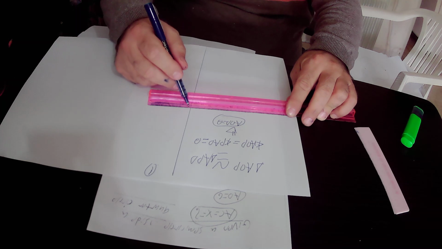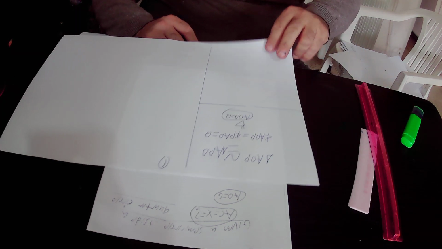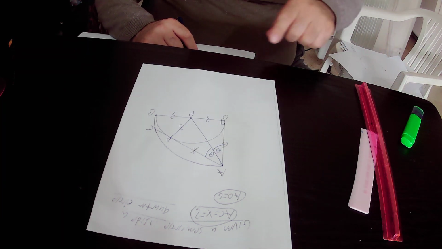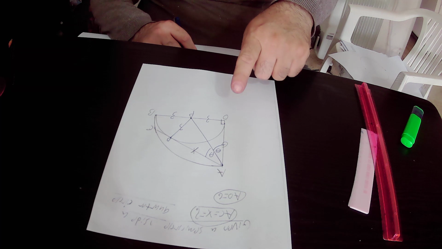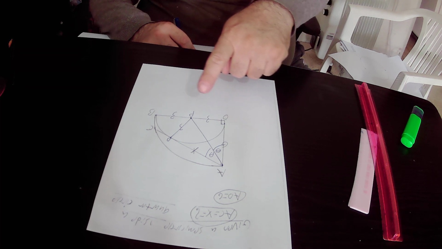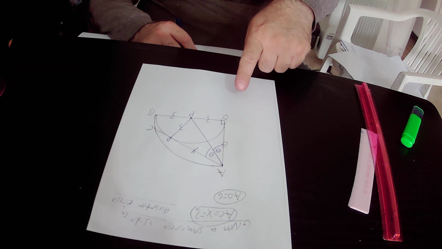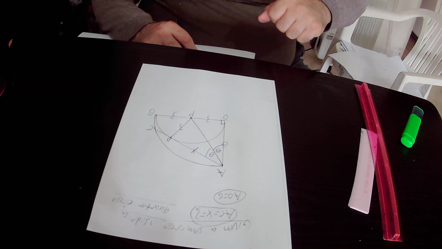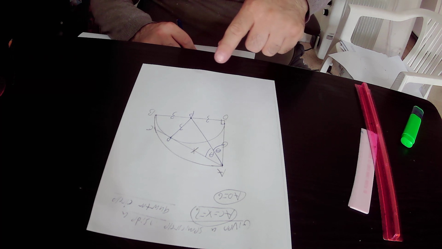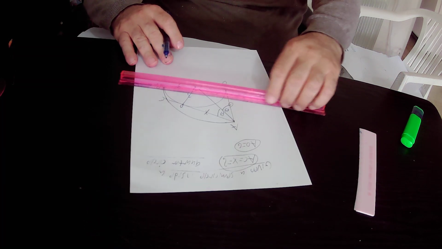In the next step, we will do another construction in the second method. Here we will extend line segment AC by a straight line, and we will also extend line segment OB by a straight line. We will extend those two line segments until they intersect with each other.